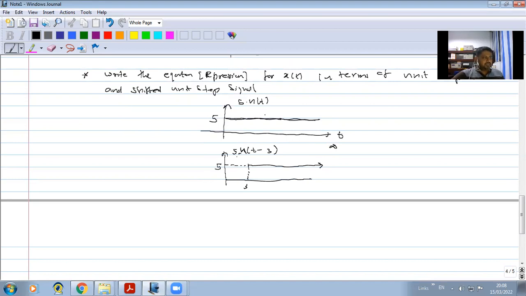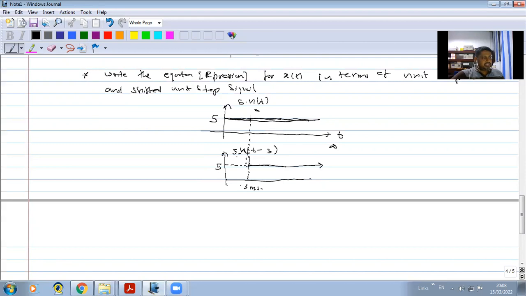So what happens if we subtract this shifted unit step from this unit step? What are we left with? This is 3 milliseconds.